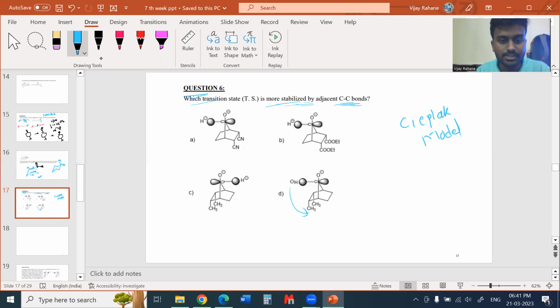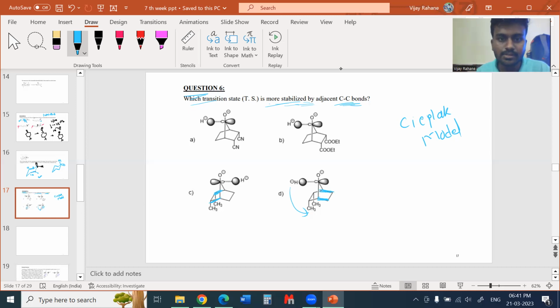So if you see here the adjacent carbon bond, this anti-bonding orbital is stabilized by this adjacent bond. This is the stabilizing factor, the stabilizing bond, right?